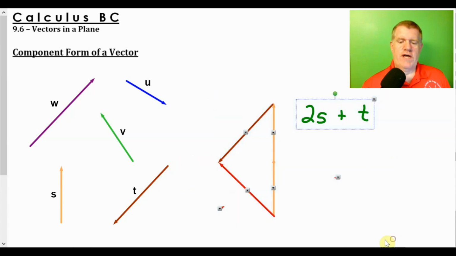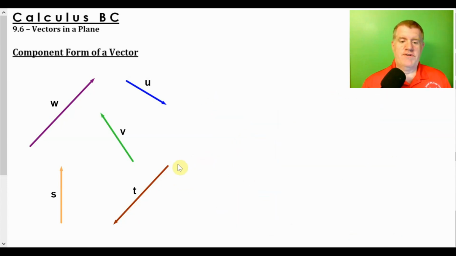And we can also subtract vectors if we wanted to. When we subtract vectors, we just go the opposite direction. So let's say we do, how about we do W minus V. Okay, so we have W. Now V usually goes in this direction, but we're going to flip it.